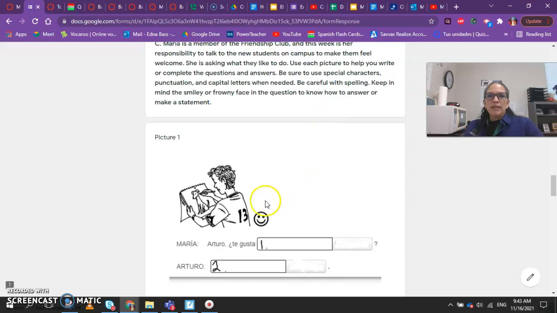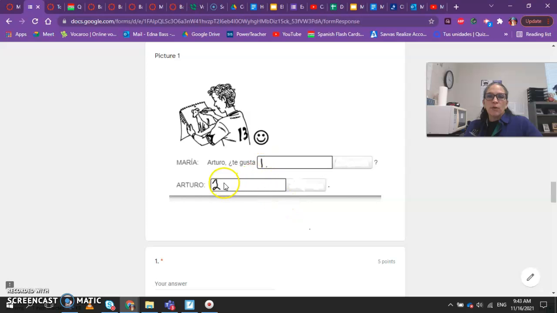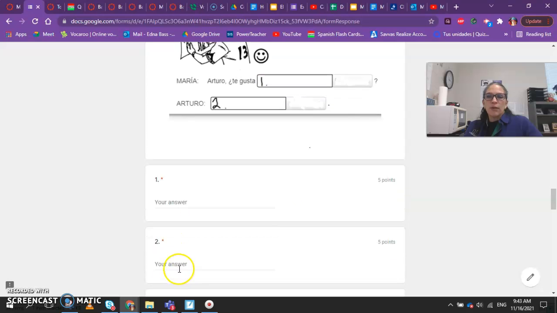And keep in mind that this smiley frowny face is to let you know if the answer is affirmative, like a positive or negative answer. So for example, for the first picture, you have the picture of the activity that they're going to talk about, and then you have a smiley face, and then you complete the question. So for number 1 and number 2, I give you number 1 and number 2 right here, and you're going to tell me what goes in number 1.